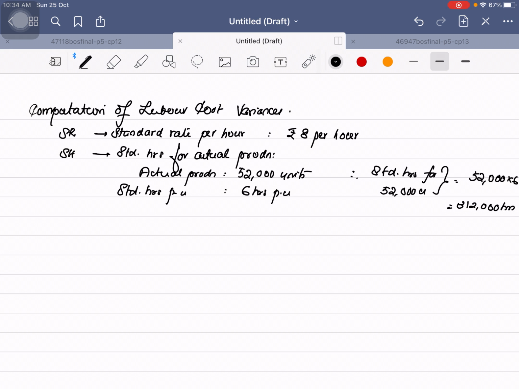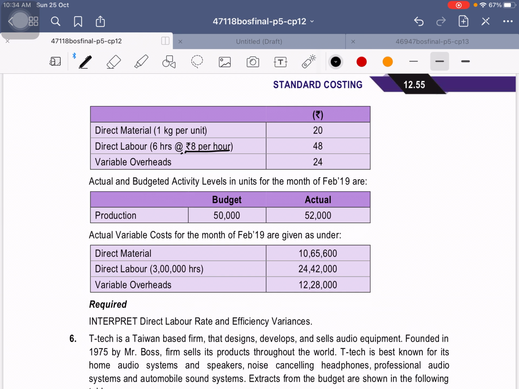Now this is the calculation. Now you have to compute the actual rate per hour. How can you compute the actual rate per hour? Do you have the information?